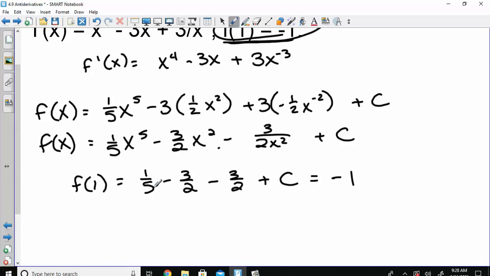Okay, so if I combine like terms, this is like 2 over 10. So if I add that over, my c value is 3 over 10.